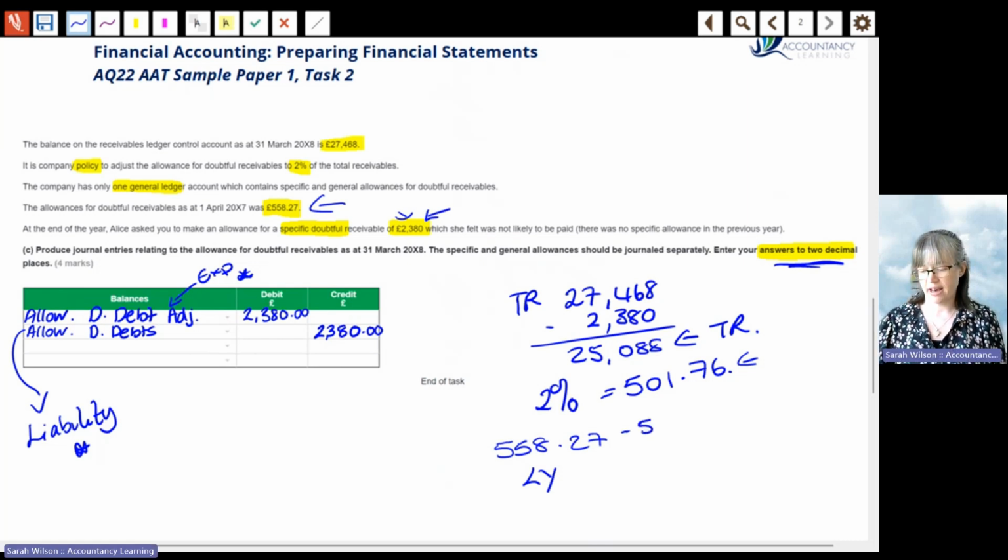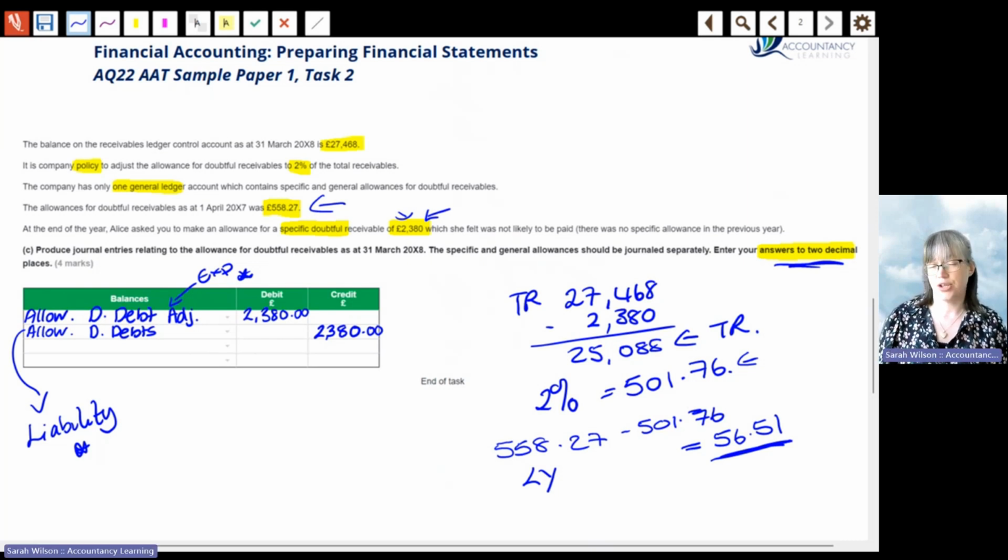So we can do a calculation to find out what our difference is. And that difference is what we need to reduce that provision by. So let's go back to what we're looking at in our journal.